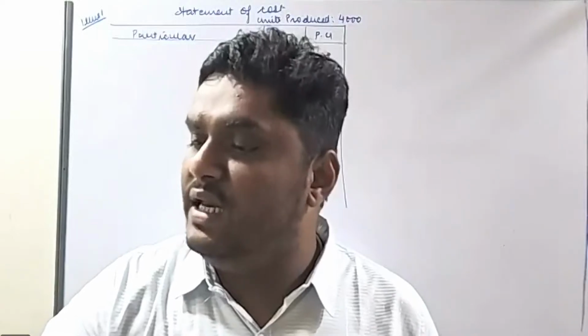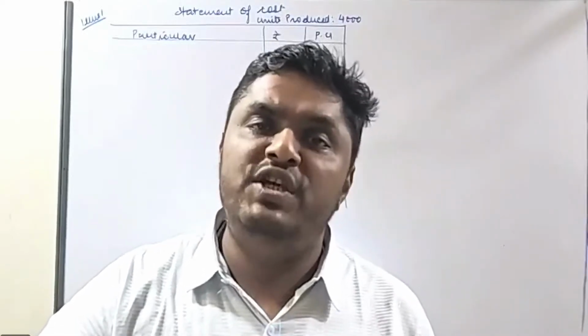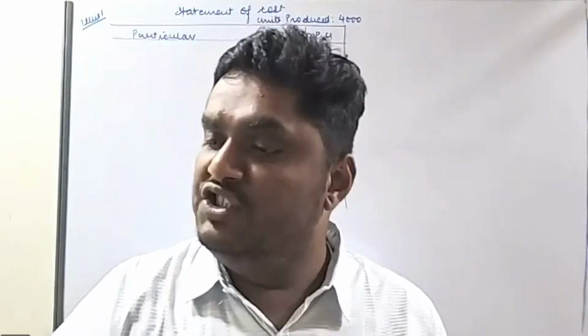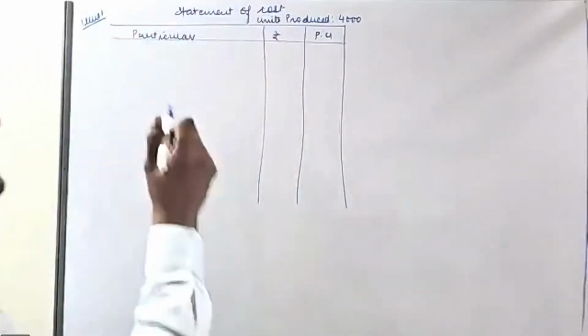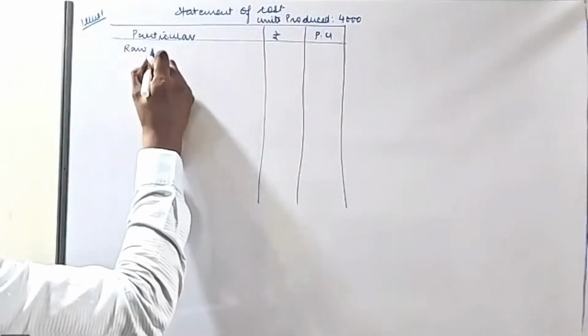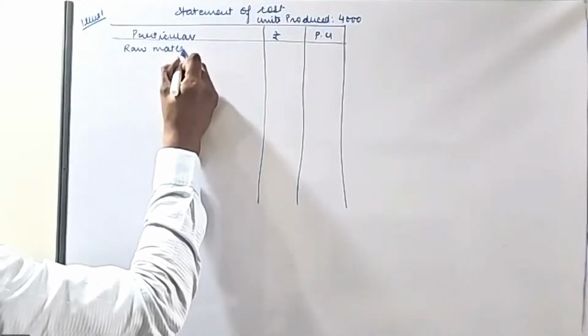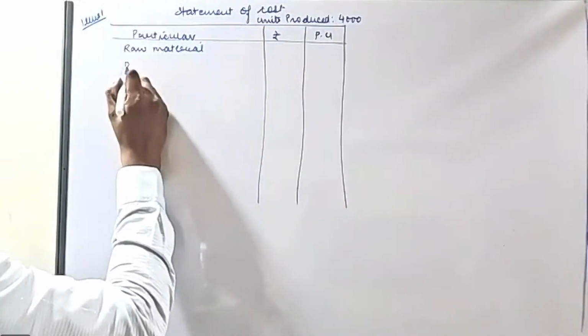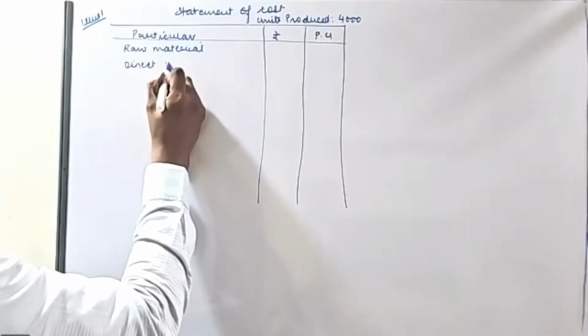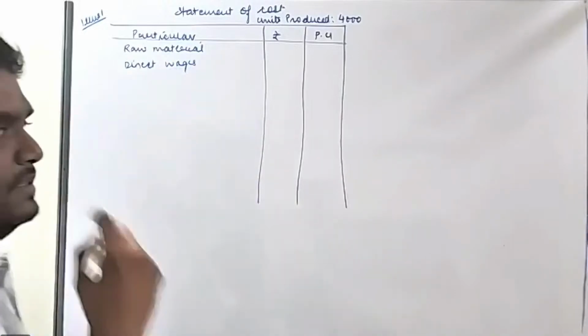The raw material cost is 1,80,000. Direct wages are given. So herein no information is given in the question as regards opening and closing stock of raw material. Straight away raw material is given, so we will take raw material and direct wages.